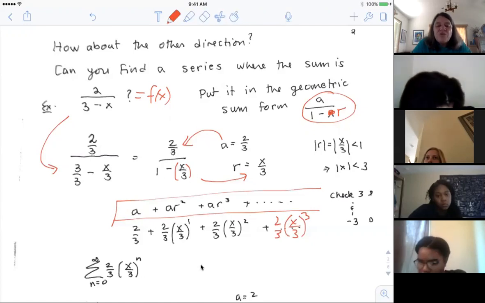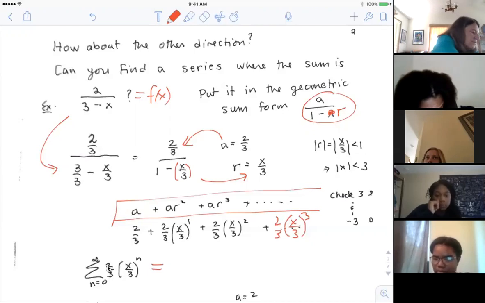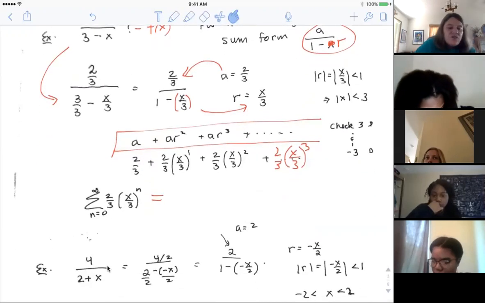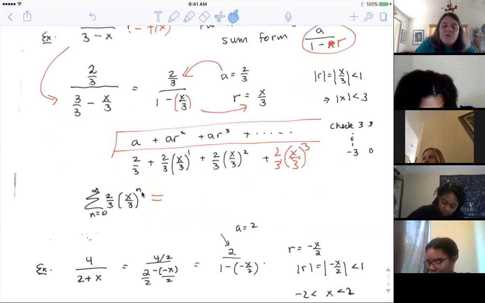Now, if I wanted to write it as a series, I just look and see what happened. I had a 2/3 in everything, so I wrote that 2/3 down. And then every time I put in an x over 3, that's what I multiplied by. So I put in x over 3 to the nth. Let's see if it works.